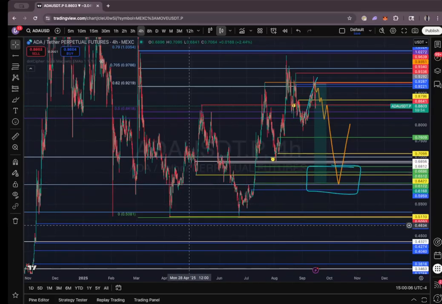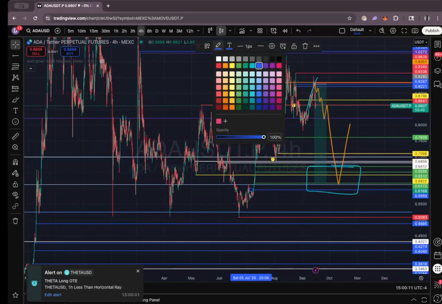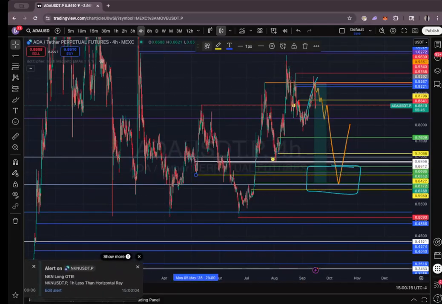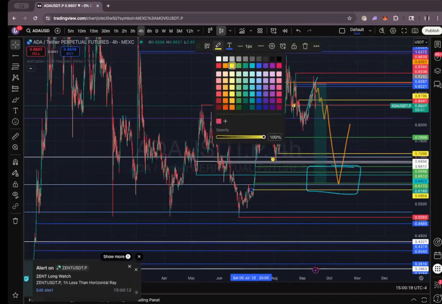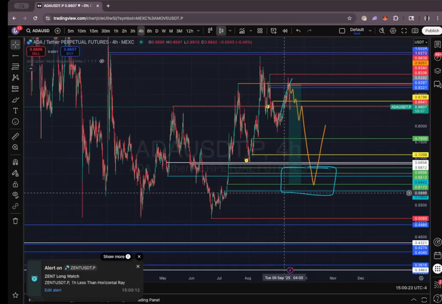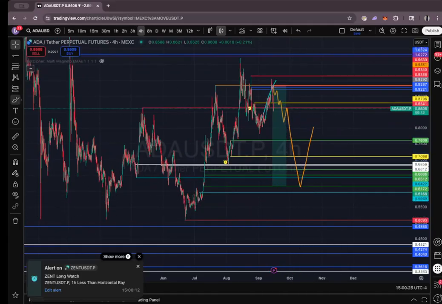And I'll make this a little clearer. Basically between the two yellows, I'll make that, actually no, I already have yellow here. I'll do teal. There we go. Right, so between the two teal levels is when you want to see a reversal.